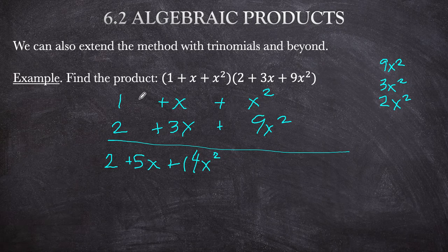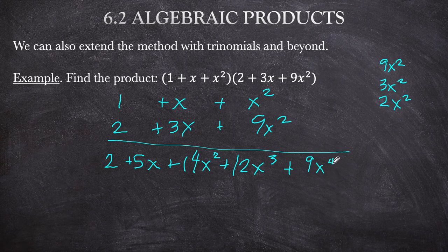Next, x times 9x squared is going to give us 9x cubed. And then 3x times x squared is going to give us 3x cubed. So 9x cubed plus 3x cubed is going to give us 12x cubed. And lastly, x squared times 9x squared is going to give us positive 9x to the 4th.